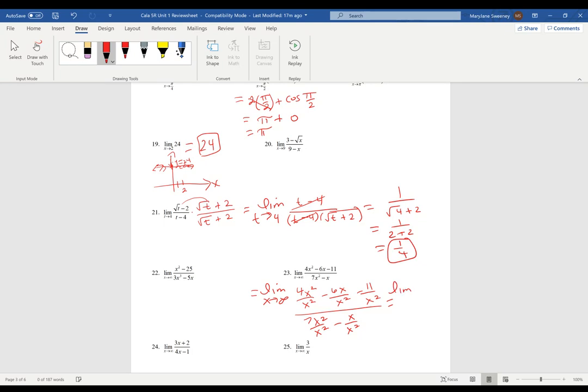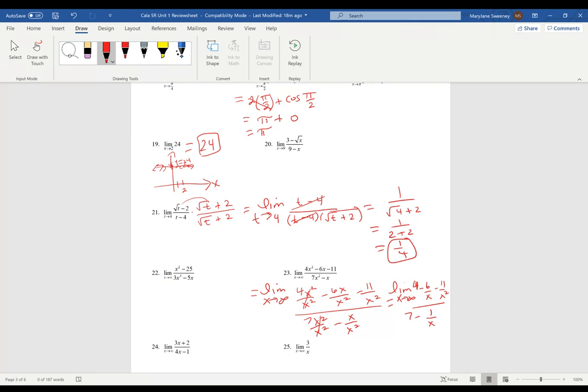So this is limit as x approaches infinity of 4 minus 6 over x minus 11 over x squared, over 7 minus 1 over x.